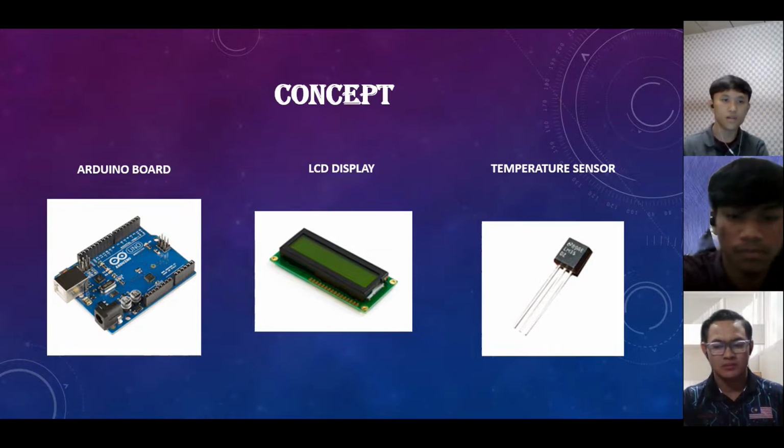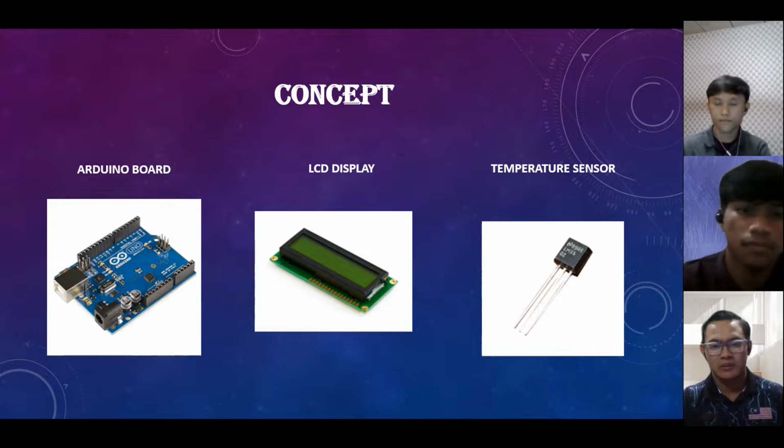A temperature sensor is an electronic device that measures the temperature of its environment and converts the input data into electronic data to record, monitor, or signal temperature change. There are many different types of temperature sensors. Next slide.